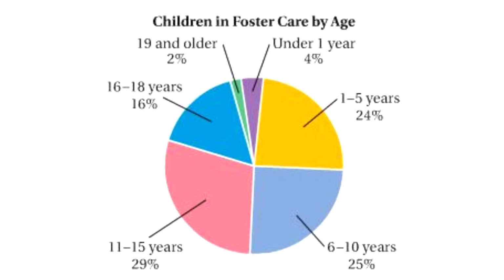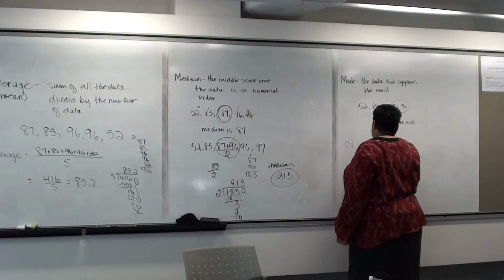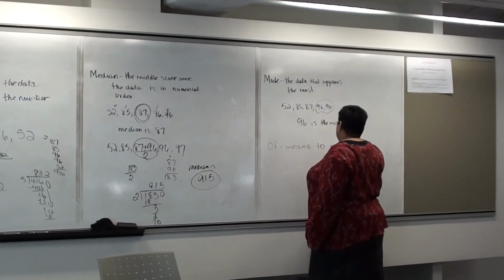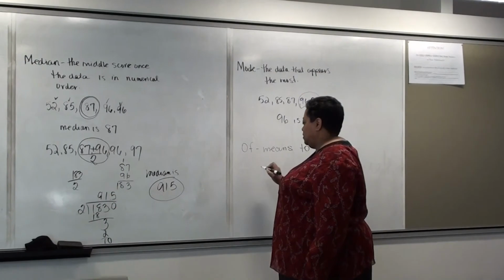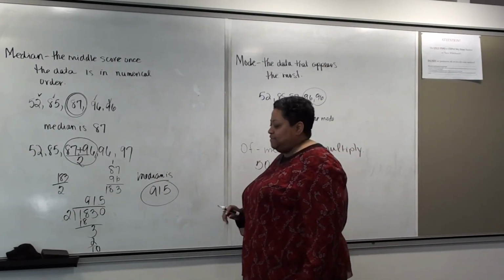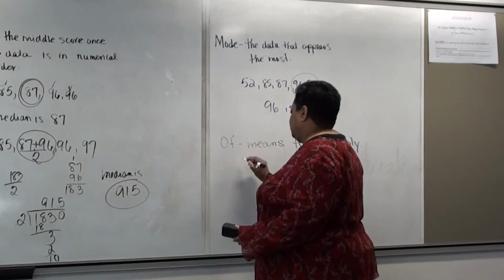So let's calculate that. The word of means to multiply. So we want to find 25% of the 5,000.